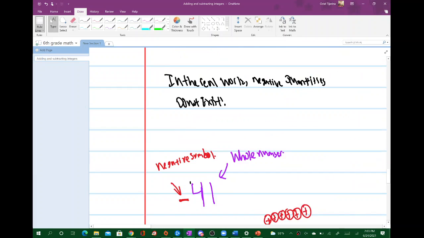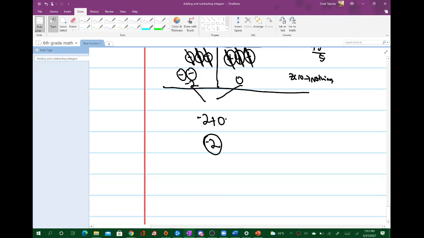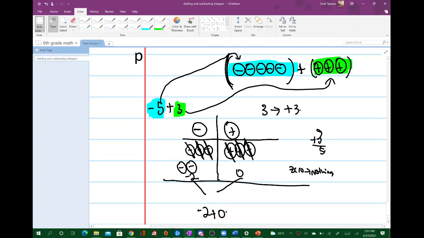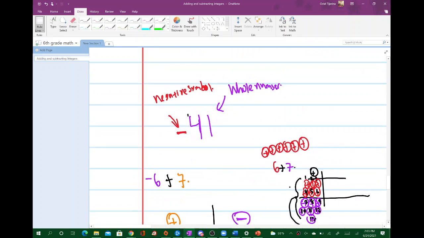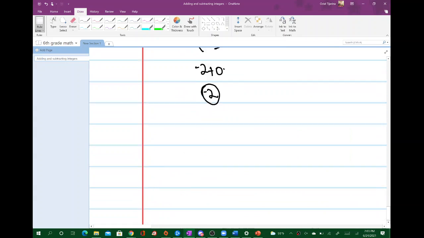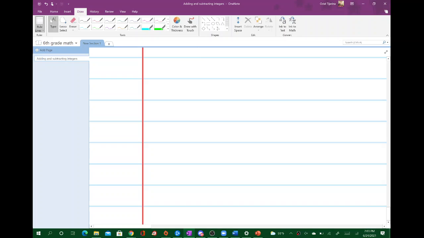And it's very helpful when we visualize it with a t-chart, because if you don't understand how to do these, later on it's going to be more tricky. So for example, let's look at -5 minus 7, right? Now there is a rule, okay, and I really want us to pay attention to this.